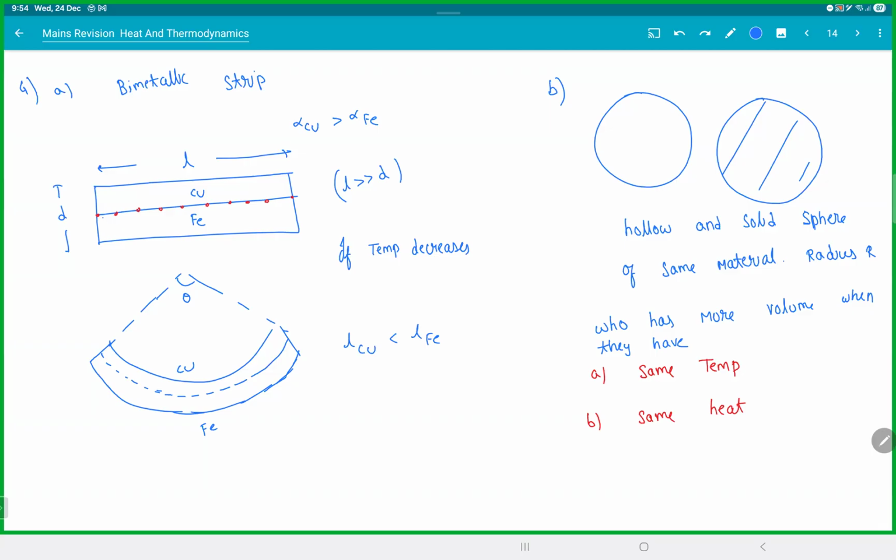You took a solid sphere and a hollow sphere of radius r, same material. If you maintain them at the same temperature, who will have more volume? If you give them the same amount of heat, who will have more volume? When the temperature is the same, they'll have equal volumes.